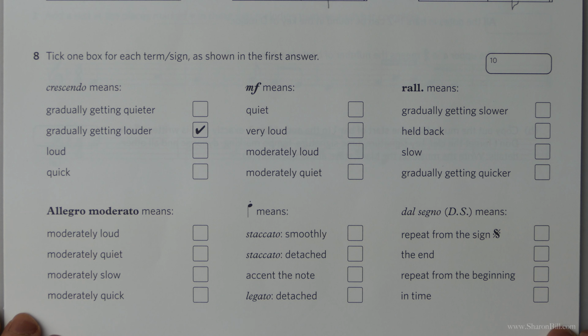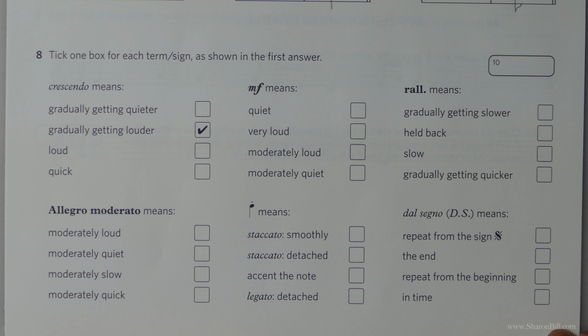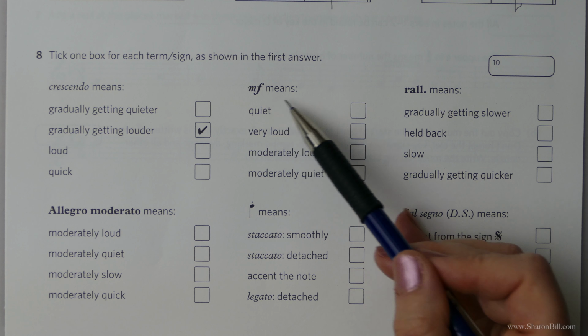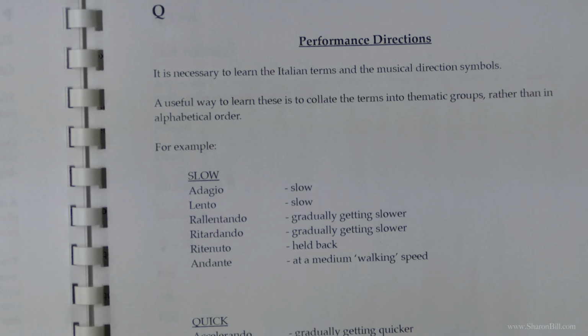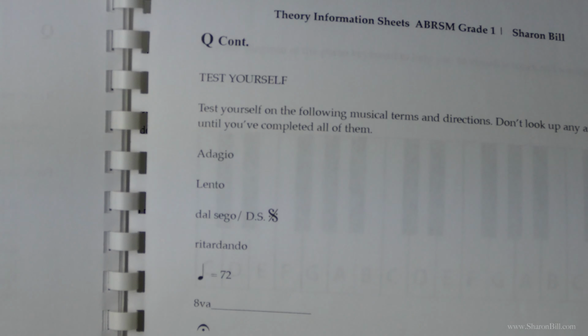So question 8 is all to do with musical directions and performance terms. There are quite a lot of Italian terms and dynamic expressions and so on, musical directions. If you refer to the back of your PDF document that you can get online if you go to my website, I've given you some little revision tips on how to go about revising these, and I've also given you a little test so you can quiz yourself there.